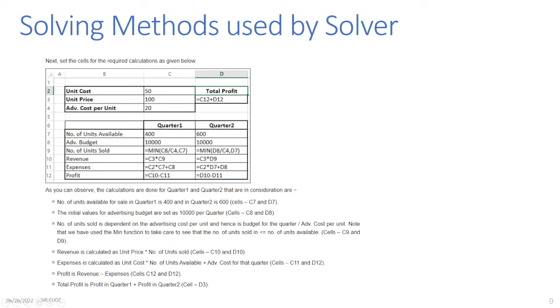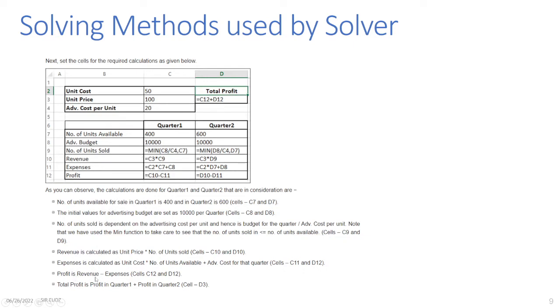Expenses is calculated as the unit cost times the number of units available, so that's C2 times C7, plus the advertising cost, which is placed at C8. The expenses will be cost per unit times the number of maximum units plus the budget.